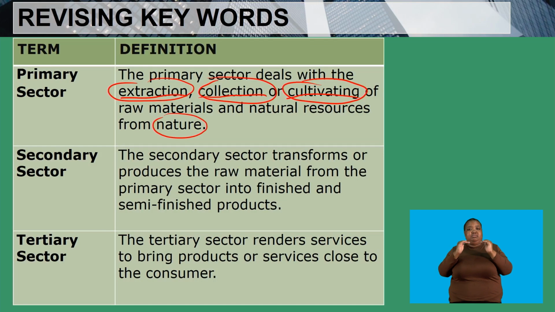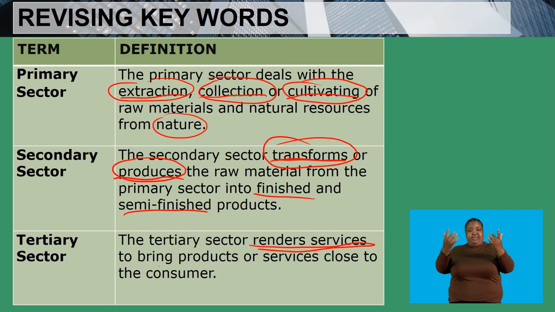We also have the secondary sector, which is responsible for transforming or producing the raw materials from the primary sector into finished and semi-finished products. Again, look at the keywords that will help you to identify from the scenario. We then have the tertiary sector, which is responsible for rendering the services to bring products or services close to the consumer.